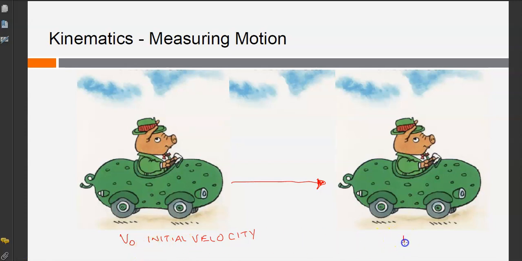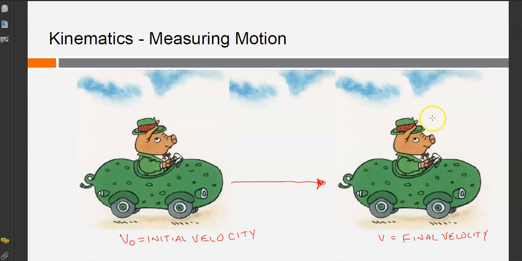Over here, this would be the final velocity. How fast is he moving at the end of the problem? And that gets a V, where the V would be the final velocity. The V with the naught would be the velocity at time zero. So you see the difference already there. I need two names for those because they could be different numbers.